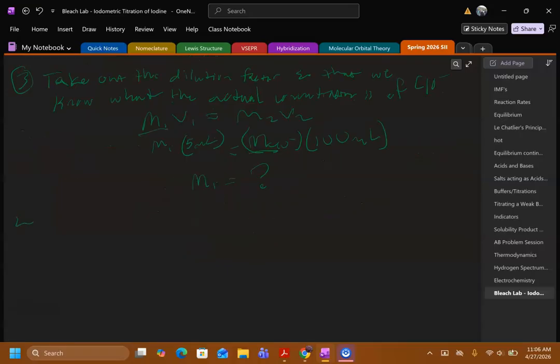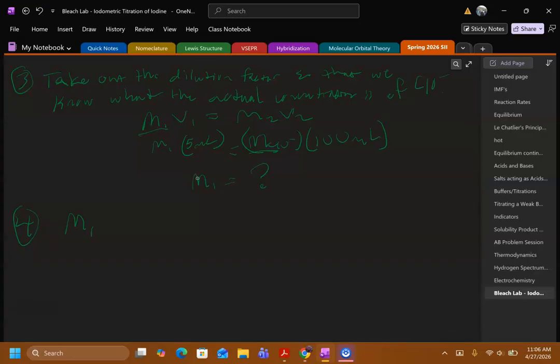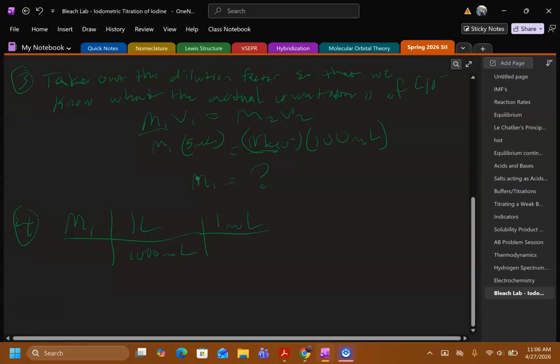And then the last thing we're going to do is go through a series of calculations here. You're going to take the molarity, I'm just going to call this M1 because of what we have here. So we're going to take the original molarity of the solution and go through this series of steps, and this will get you the percent of the hypochlorite.